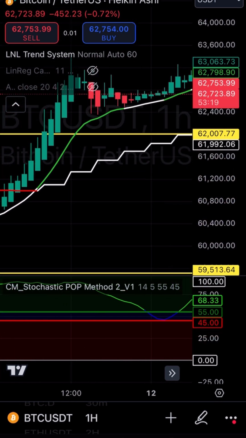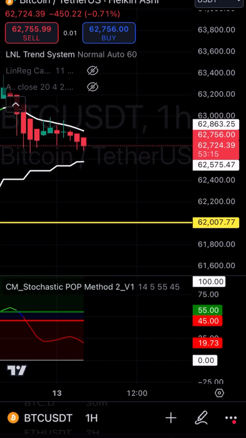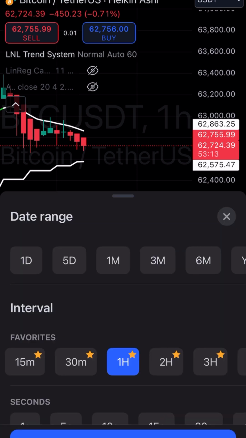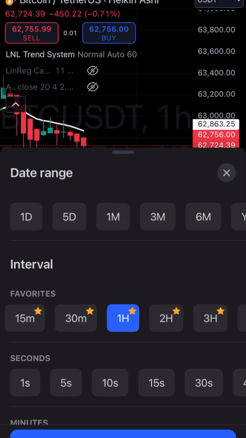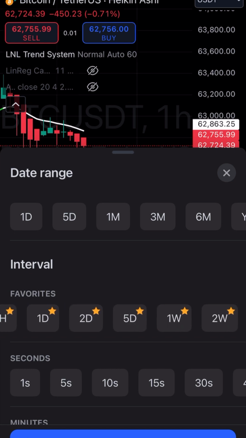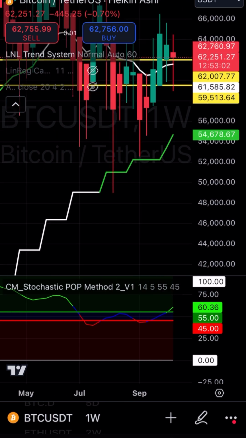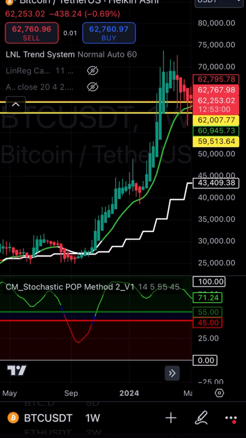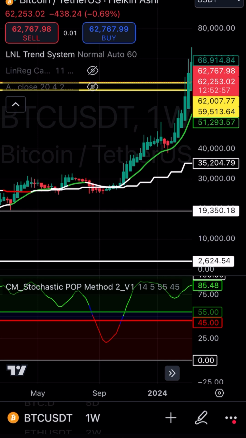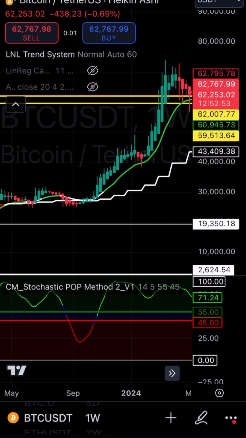Now, I want to show you real quickly longer time frames and then shorter time frames. So we do it on an hour, and that's the time frame I recommend. But if we look at this on a weekly, you'll notice that it works really well to show you when the bull cycle is starting and when it's going to start coming down.